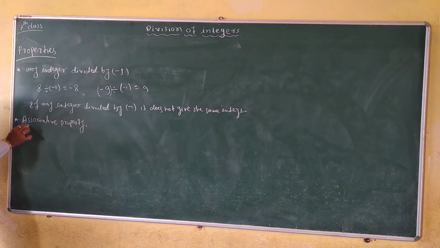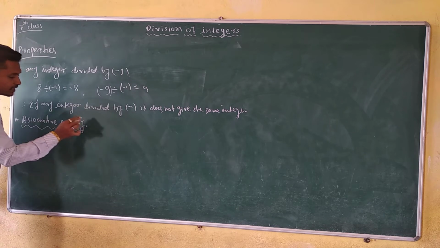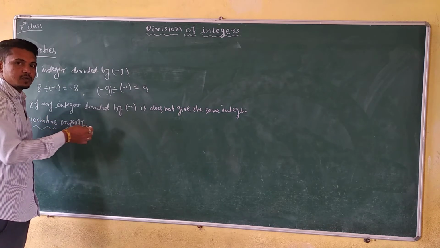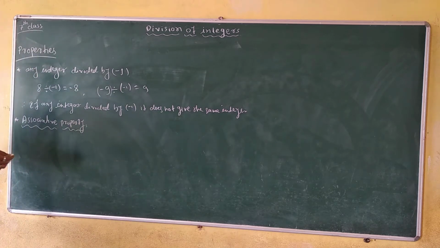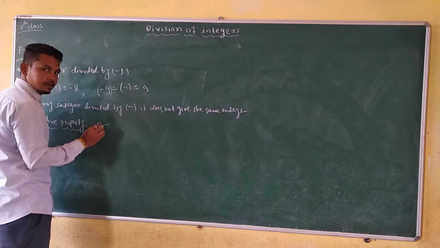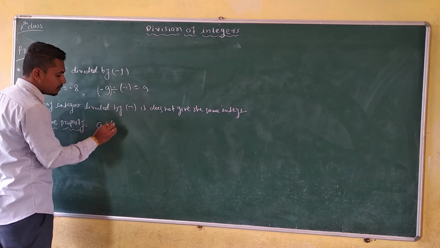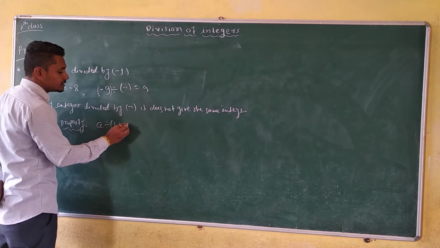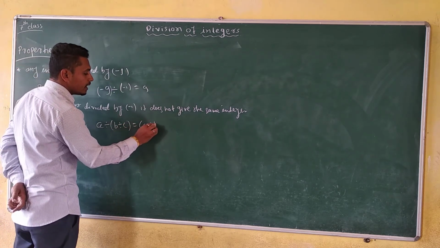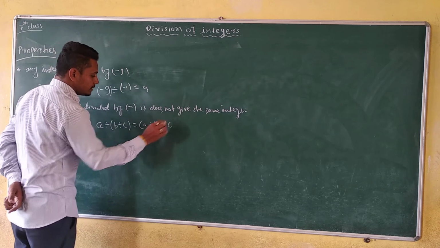Next, now move towards the associative property. So what is the general form of the associative property? The division associative property for whole numbers you already studied. See here, a divided by b divided by c is equal to a divided by b divided by c.